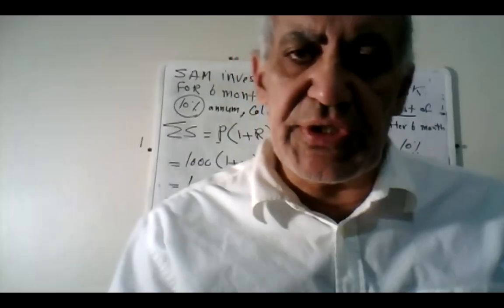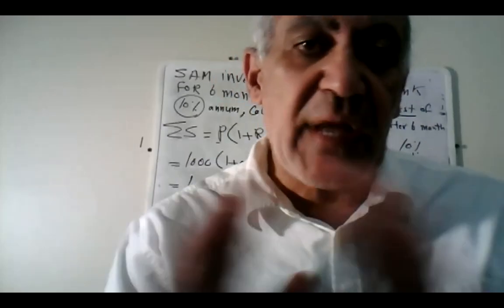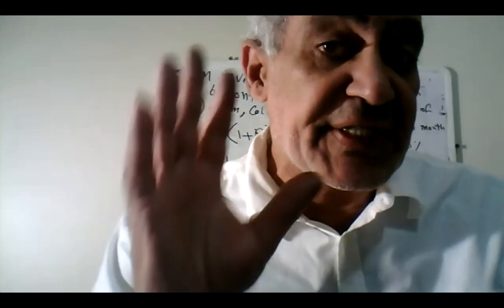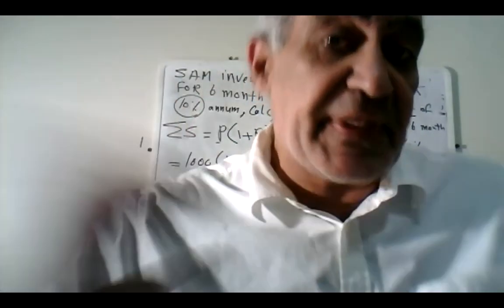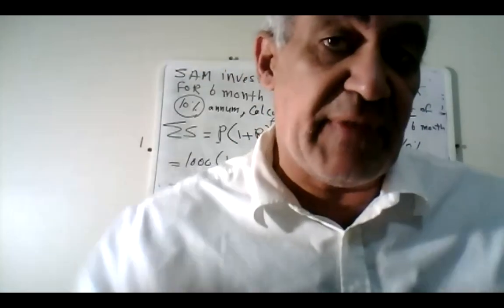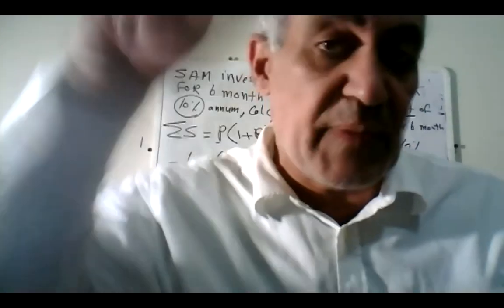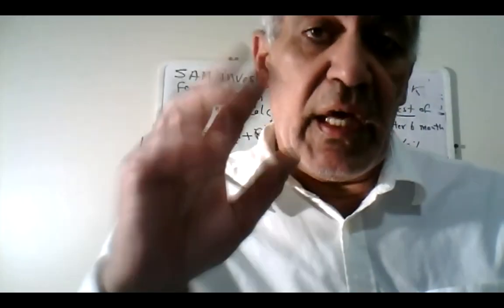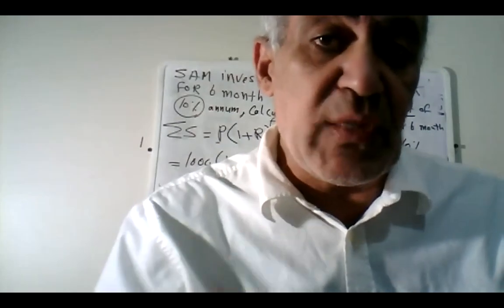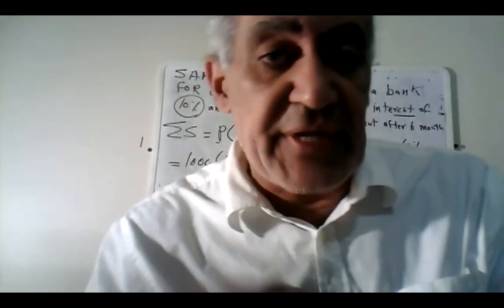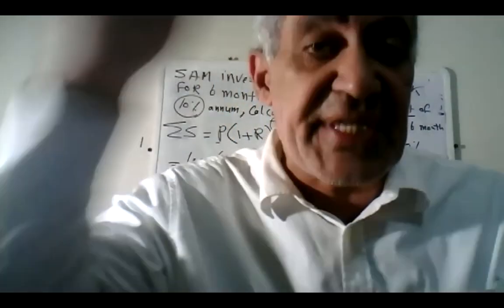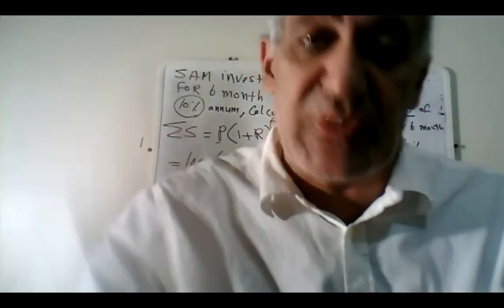Like I showed you just now, if the time is in years, then keep it the same way. The power will be the time. If they told you for 3 years, then it will be power 3. If the time was in months, you will convert the months into years. 6 months means 6 by 12. 3 months, 3 by 12.